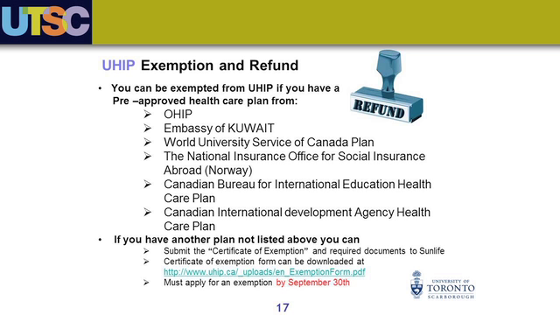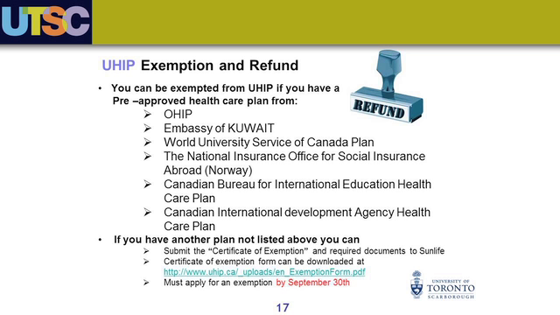UHIP exemption and refund. You can actually be exempted from UHIP if you have pre-approved healthcare plans, which include OHIP, Embassy of Kuwait, and this goes on. So if you have one of these plans, you may be exempted from UHIP.